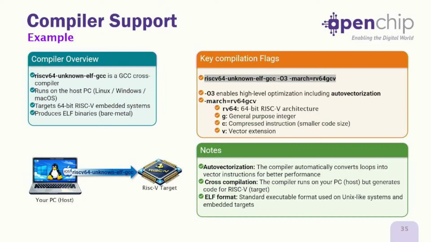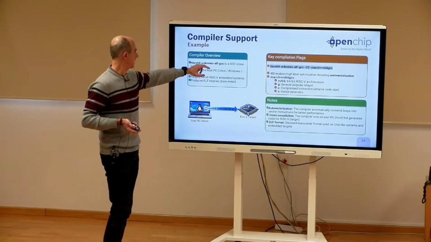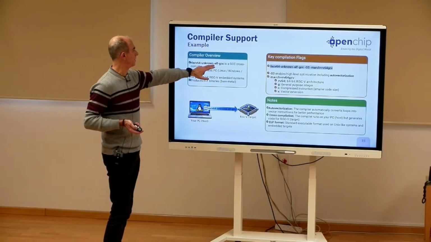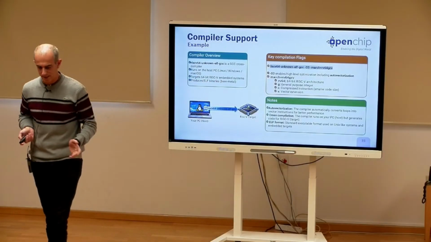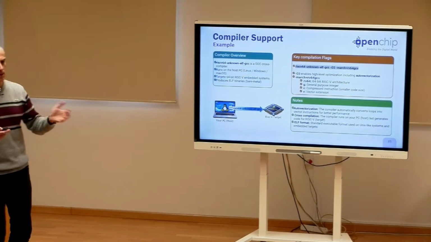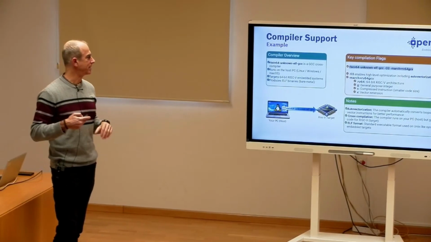For example, for a 64-bit unit, you can use this cross compiler. You just run this compiler on your machine, and then it generates the code. In this case, it's bare metal code, so code for a system with no operating system, which acts directly on registers and so on.